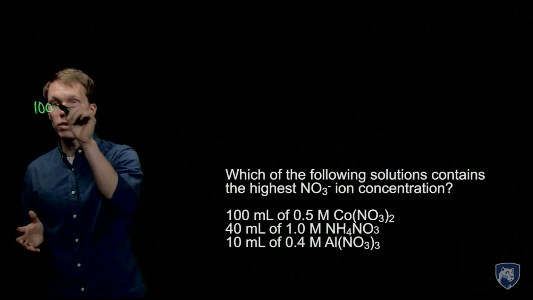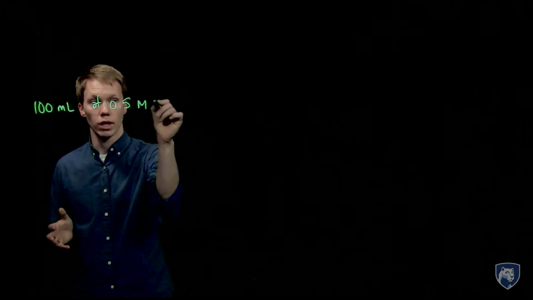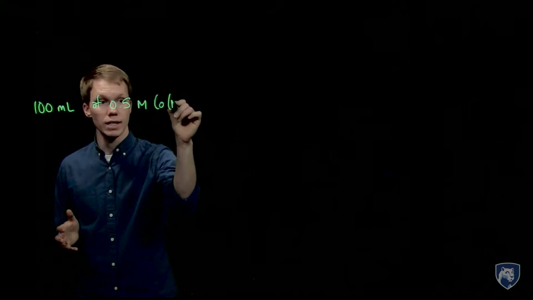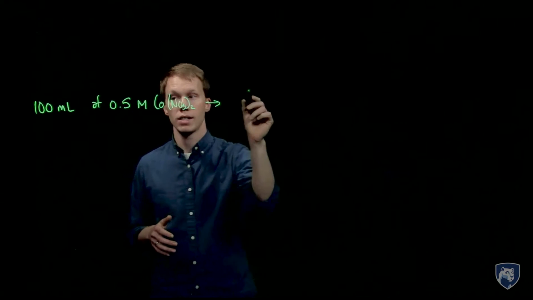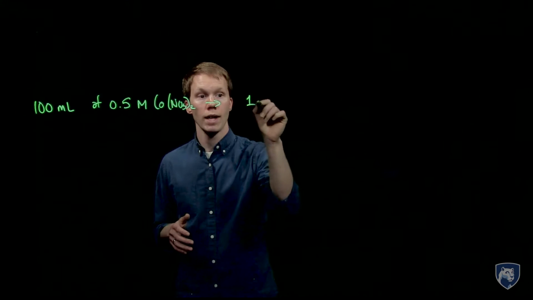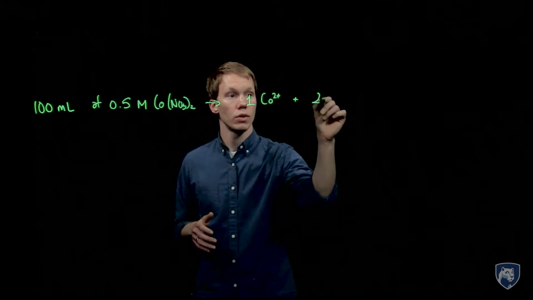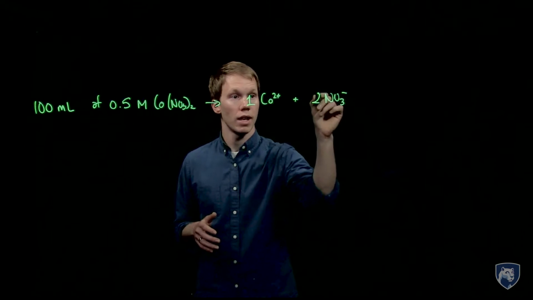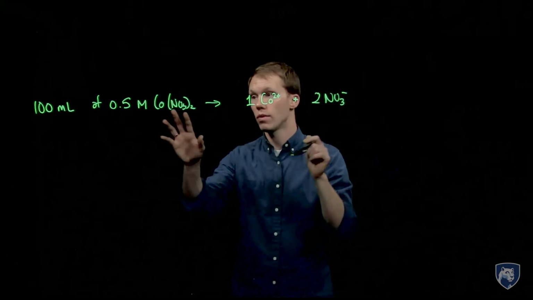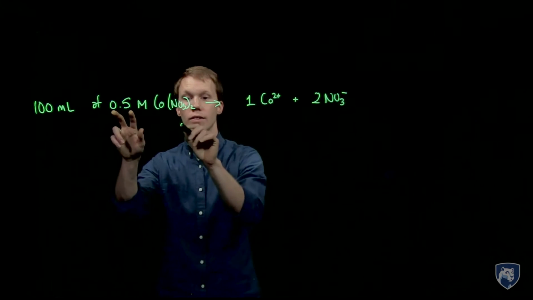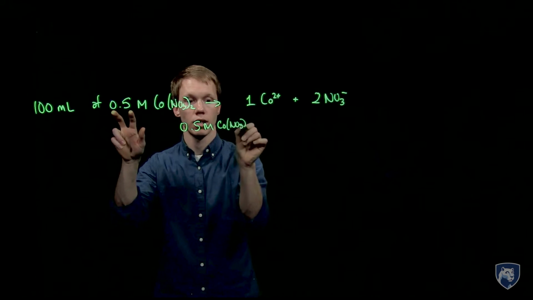So when I have 100 mL of 0.5 molar cobalt nitrate, this is going to dissociate to give 1 cobalt ion plus 2 nitrate ions. And so my total nitrate ion concentration is going to be 0.5, right? 0.5 molar cobalt nitrate.